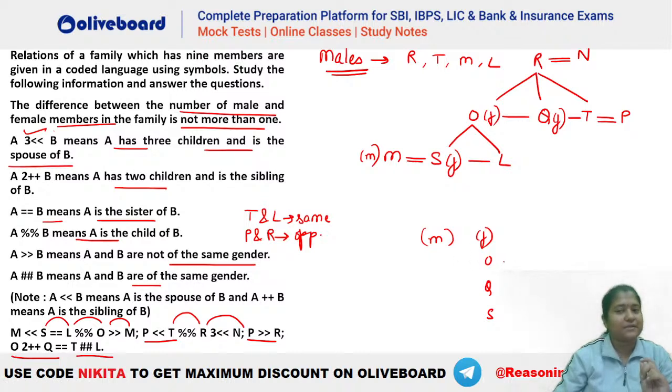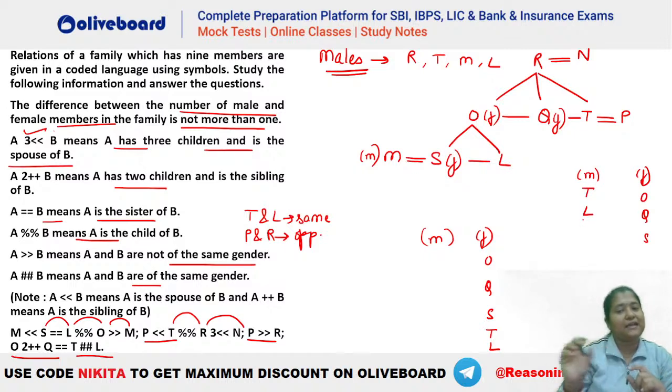There are two possibilities. Either T and L are of the same gender, that is, let's say you take T here or L here. This is one possibility. Okay. We have another possibility. We will consider that also. Let's say we take T and L both to be male. Okay. So either T and L both are female or T and L both are male.